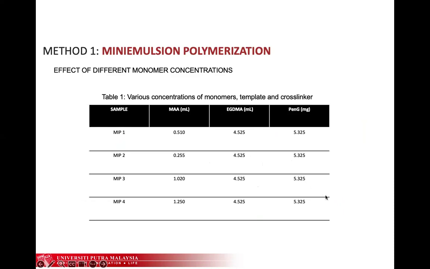So this one also we have to study a series of ratios, in order to have the best physical form and the best characteristic of the imprinted polymer. This will take some time. The study of the ratio, the formulations is quite tedious.